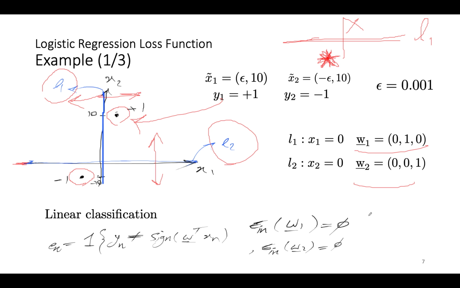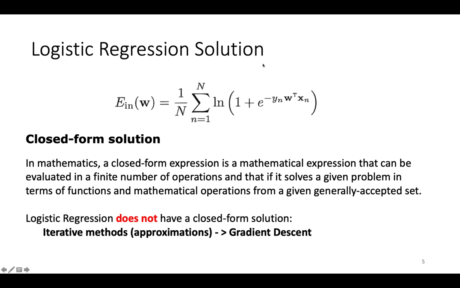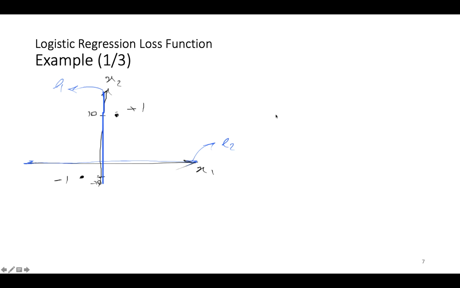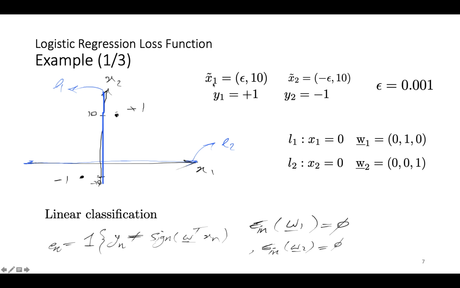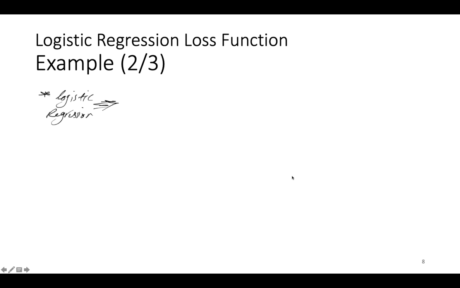You recall that for computing the En, or the capital En, or the in-sample error, we had to use this, right? Let's just expand it using the numbers we have. So x1 and x2 we have, and also we have the W's for L1 and L2, right? Let's see what's going to be the output of the loss function for logistic regression.